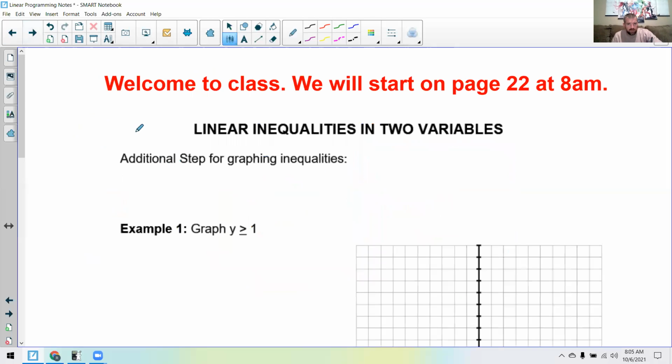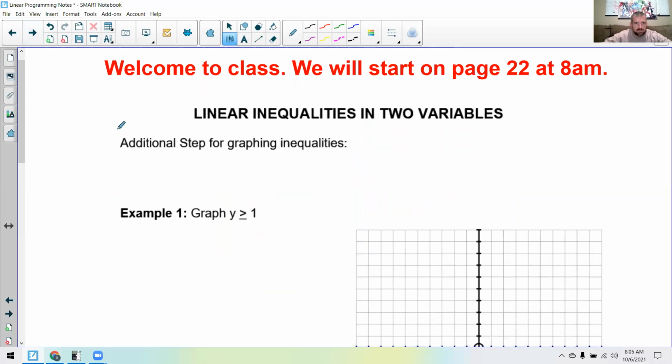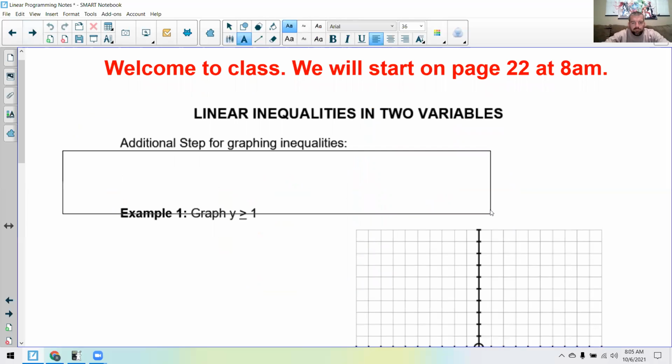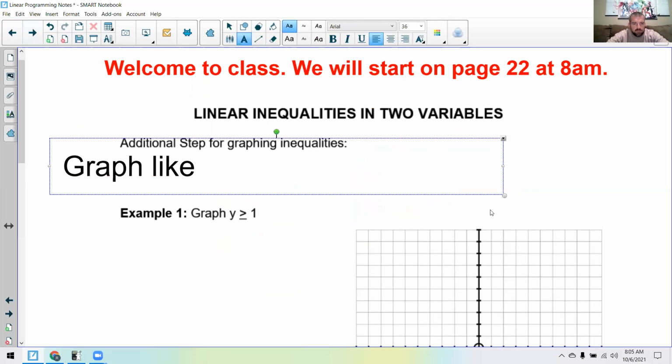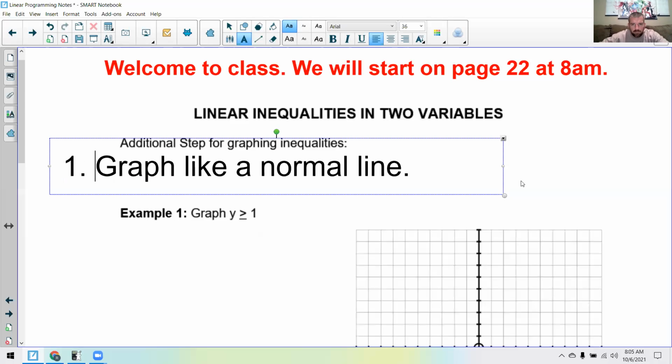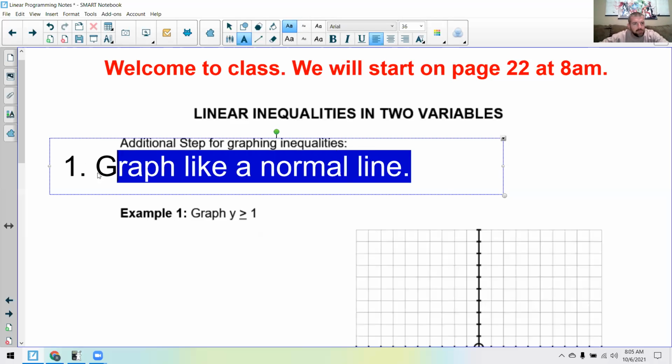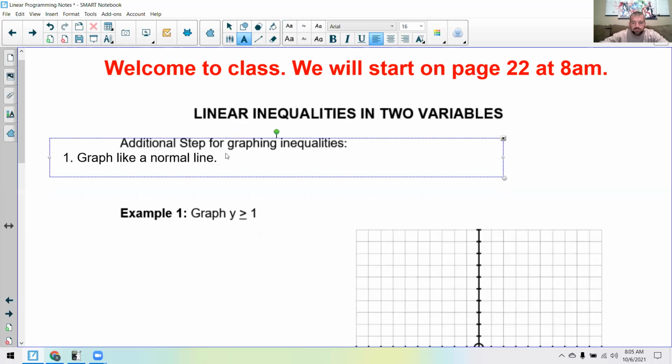So we have additional steps for graphing inequalities. Before I write the additional steps, I'm just going to start by writing: graph a normal line. That'll be step 1. We're going to graph it like a normal line.